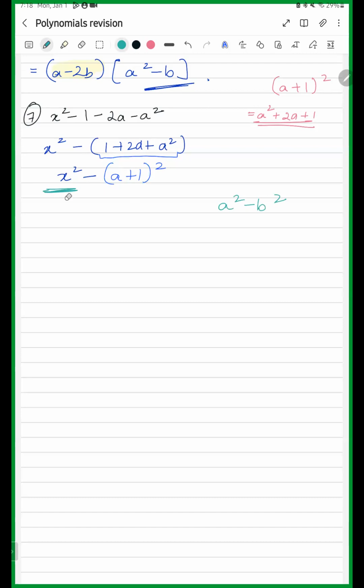So this was equal to a minus b bracket a plus b, meaning first term minus second term bracket into first term plus second term bracket. So that's what we are going to do.